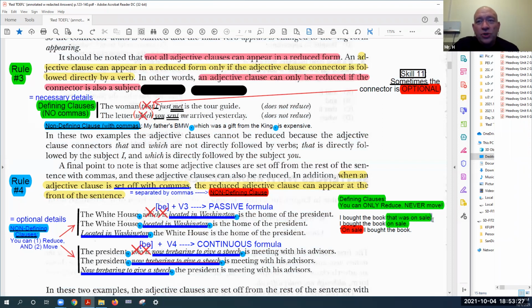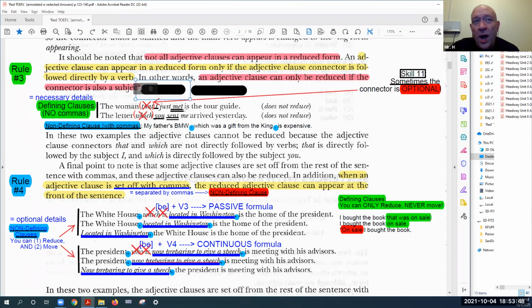But how do I reduce it? We delete the connector and the be verb. But is it just a connector? Connector subject. Exactly. Compare this example, that was on sale, with the examples up here.